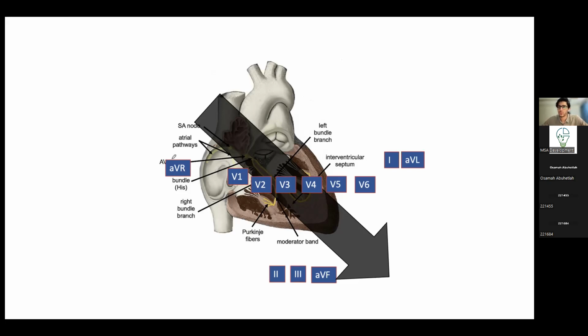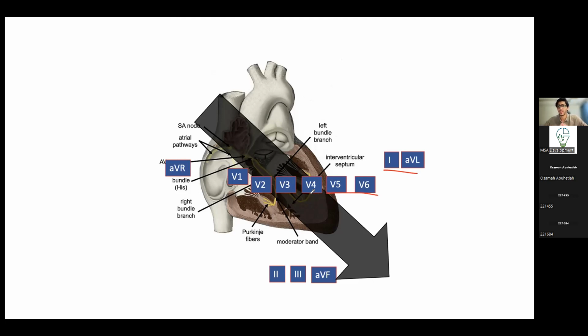AVR looks at the heart more from the right side. 2, 3, and AVF look at the heart from inferior or from below. 1 and AVL are looking at the heart from the left side. V1, V2, V3, V4, V5, V6 are looking at the heart from the front, okay? And V5 and V6 are more towards the lateral side, so left lateral. V1 to V4 are more towards the front, okay?